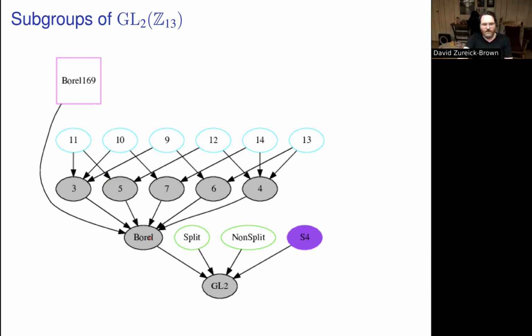So you do need to consider subgroups of the Borel, and you do need to consider subgroups of those subgroups, but then it stops. These blue ovals on the second to top line are more or less cofinal. Any other group of level 13, so mod 13, is a subgroup of something on this slide.